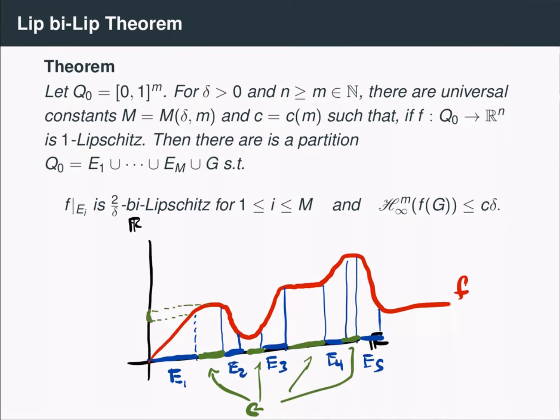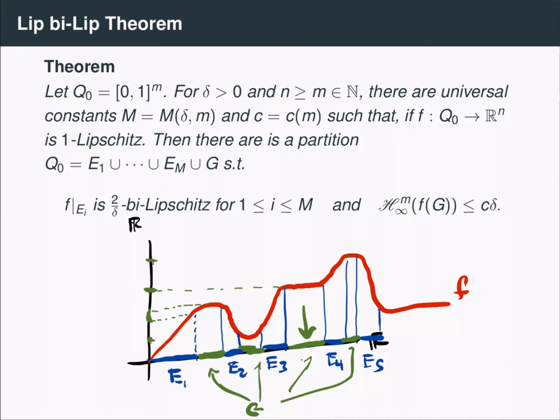We'll get an interval here, and this portion of the graph will go right here, and then if we look here, it's just a small little point here and a small little point here. So you see that the places where our Lipschitz function levels off, if we look at the projection of those points on the y-axis, it's actually a very small set, even though the set G is quite large in some places in the domain.